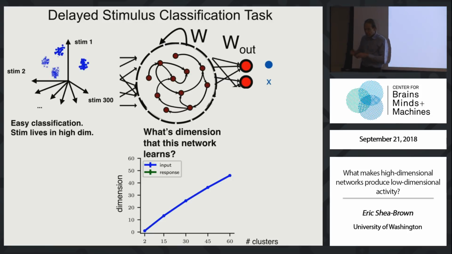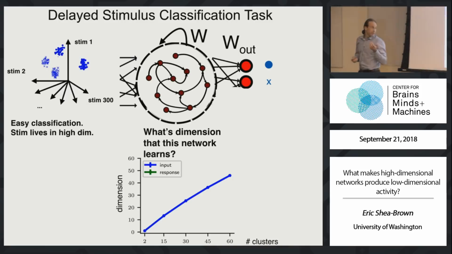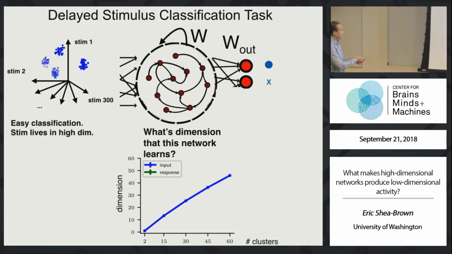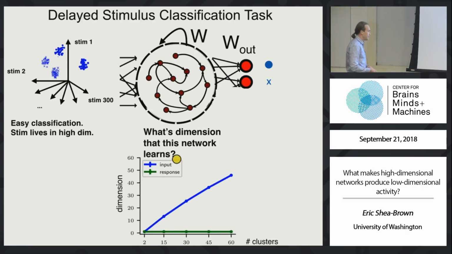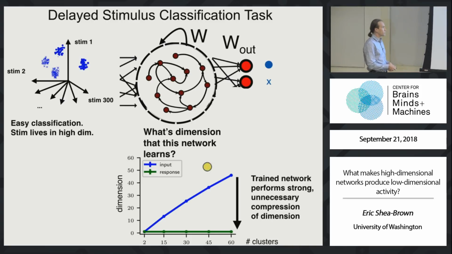So more and more clusters, more and more copies of Heim, give higher and higher dimensional inputs. But our question is not about inputs, it's about the response. And this is what you get for a network which is trained to solve this classification problem. The answer is that you get extremely low dimensional representations. You absolutely do not do the trivial and immediate thing, which is just copy the input into the network and classify it with 100% accuracy by training the readout weights.